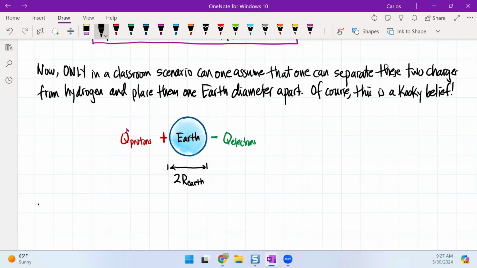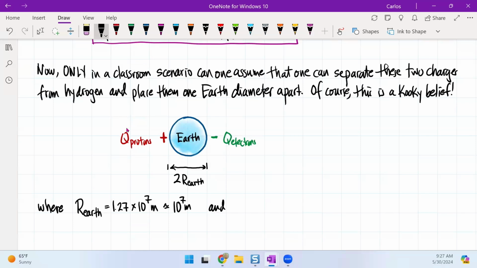So we should define two constants. I can look up the radius of the Earth, which is 1.27 times 10 to the 7 meters, which I will approximate to 10 to the 7 meters.